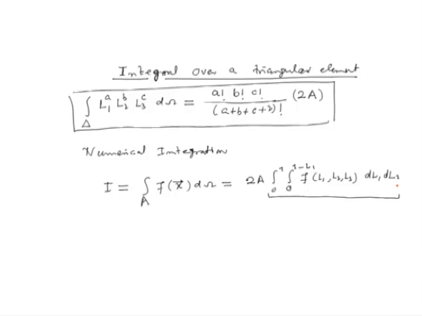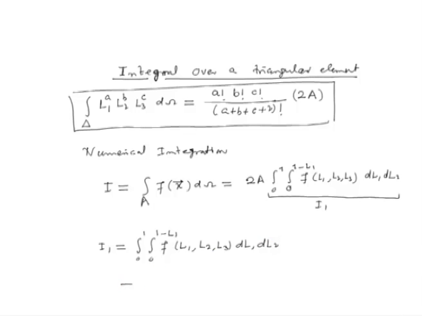For that there are specialized formulas. So, this integral, let us call this as I1. So, integral I1 is equal to 0 to 1, 0 to 1 minus L1, f of L1, L2, L3 d L1 d L2.